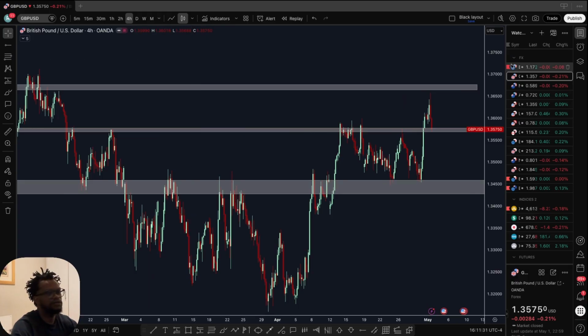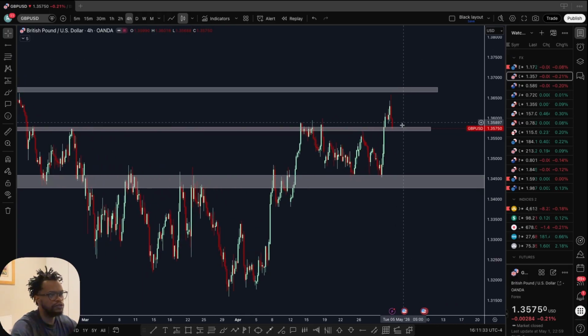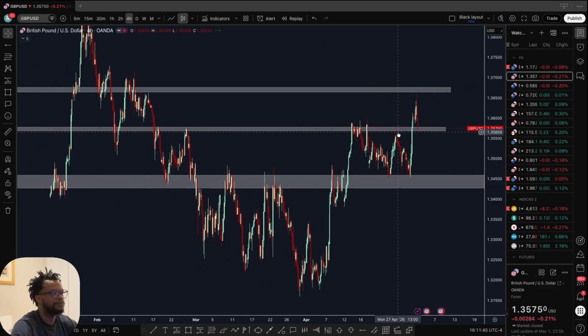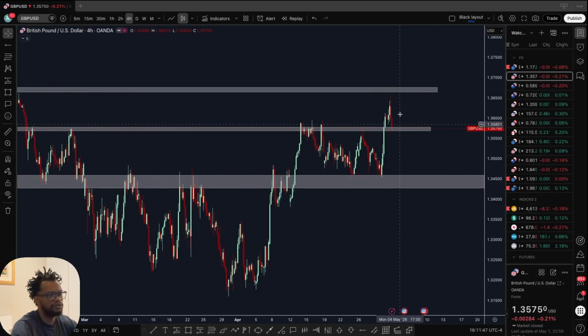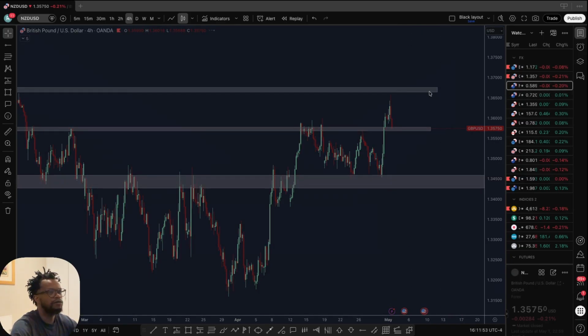So I'm only looking for longs. So let's see how it is. If it breaks and holds this level, then I'm probably gonna be more conservative and wait for it to come here, and then I can make my decision from there, because there's not enough meat on the bone for me to target this high. So I'll monitor this as well. I'll just leave it on my watch list.